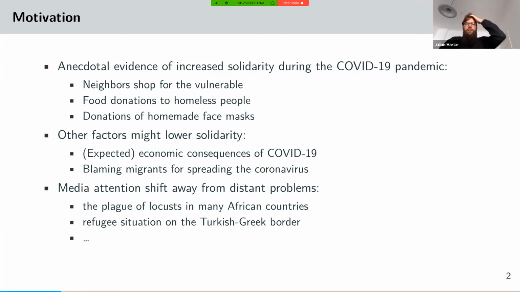Or if people are blaming migrants, that might also have an effect on solidarity, especially when it comes to whom to show solidarity with. And the media also played a role. COVID-19 was so prominent in the media in the last months that attention shifted away from more distant problems, such as the plague of locusts in many African countries, and you name it.